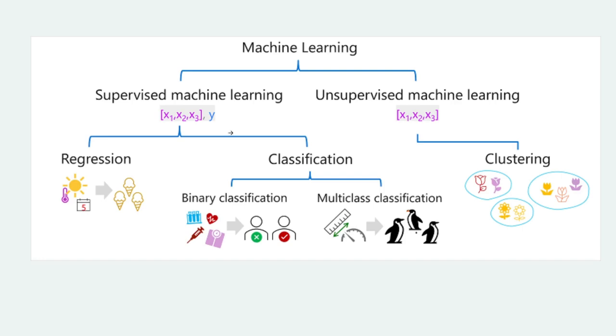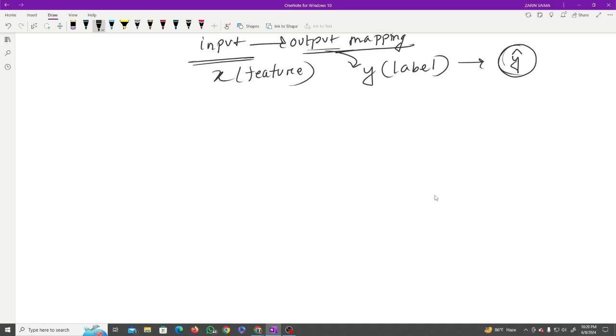All right, so our input is known as feature, and our output is known as label. And the prediction that we will have is symbolized with this letter and is known as prediction variable.